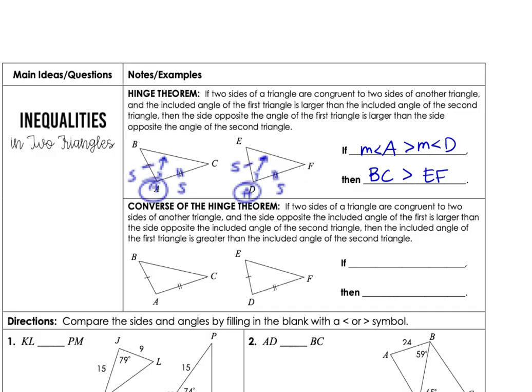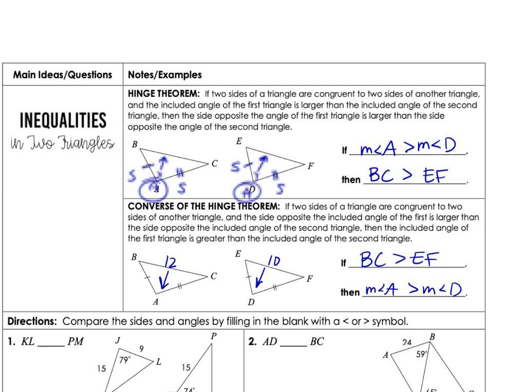The converse of that is also true. So now if we say that BC is greater than EF, then that means the measure of angle A is bigger than the measure of angle D. In other words, if this is 12 and this is 10, then angle A is bigger than angle D because the sides across from them have a bigger one and a smaller one that correspond.